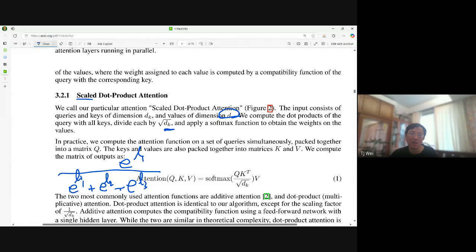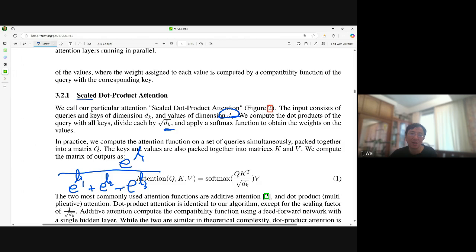So that's what the scale is. If dk is larger, we divide by something like this, and it will make it smaller. So it is toward the right direction. Okay, but why do we use the square root of dk? Not just dk or other things like dk squared.